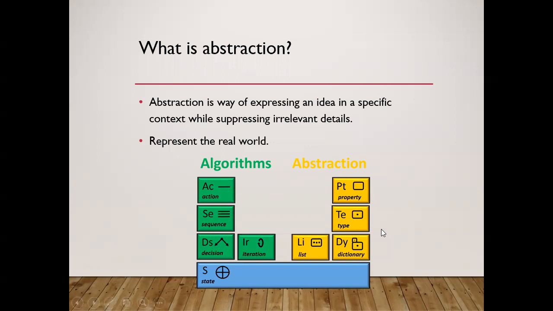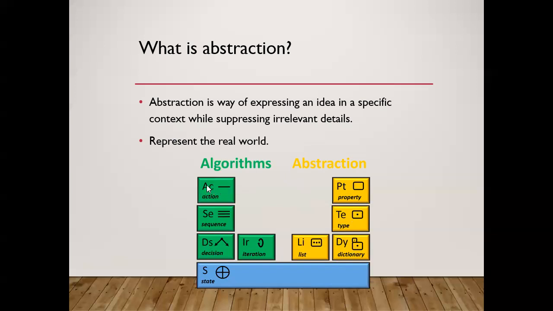I'm not sure what the purpose of this is. It's a model. I don't know if you're aware what that model is. It looks like a periodic table, but if you look at it here, it's got action, sequence, decision, iteration, list, dictionary, type, and property.